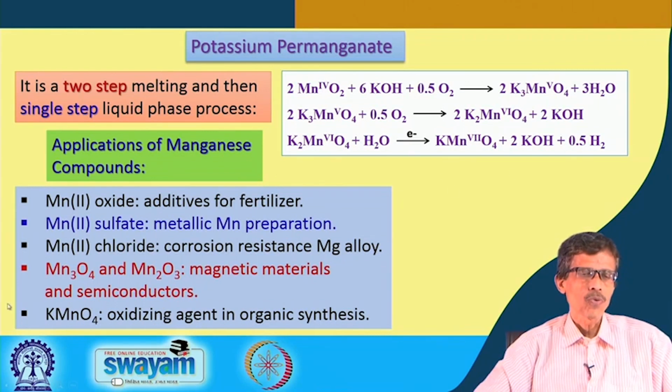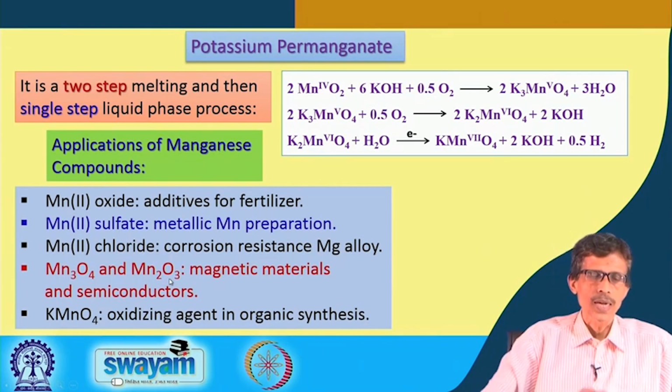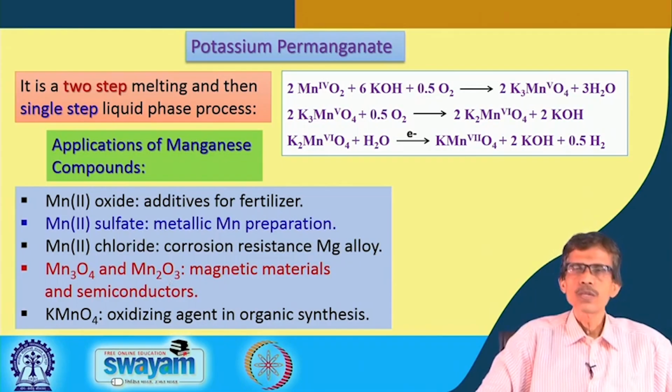Then Mn3O4 and Mn2O3, these two forms of oxides, are very useful magnetic materials. They are used in making magnetic tapes, like iron oxides Fe3O4 or Fe2O3, which are also very useful as magnetic tapes and for other magnetic applications.